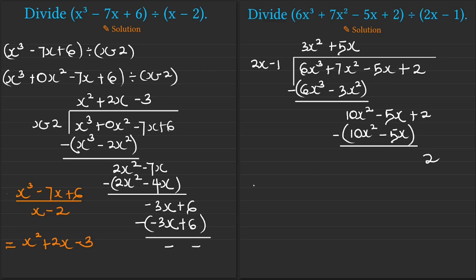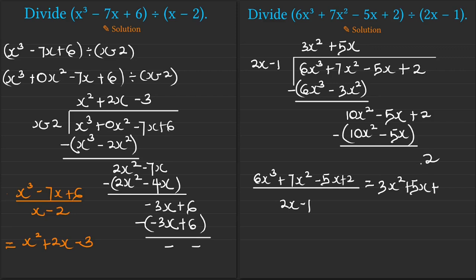Hence, it simply implies that our 6x cubed plus 7x squared minus 5x plus 2 divided by 2x minus 1 is giving us, this is our quotient, 3x squared plus 5x, then plus the remainder, which is 2, all over 2x minus 1.